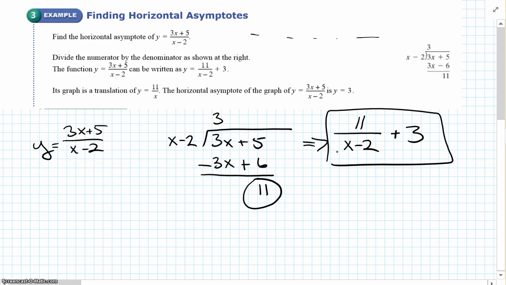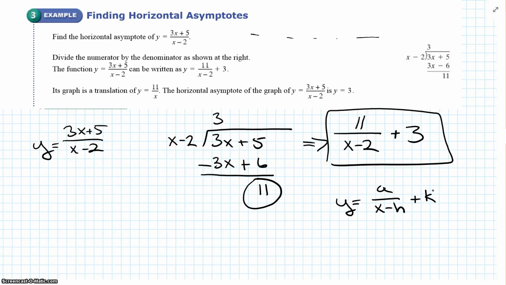So that's my new equation. So it tells me my horizontal asymptote is 3. Because if you remember this, y equals a over x minus h plus k. k is my vertical translation, and h is my horizontal translation. So I have a horizontal asymptote at 3, and I have a vertical asymptote at 2.